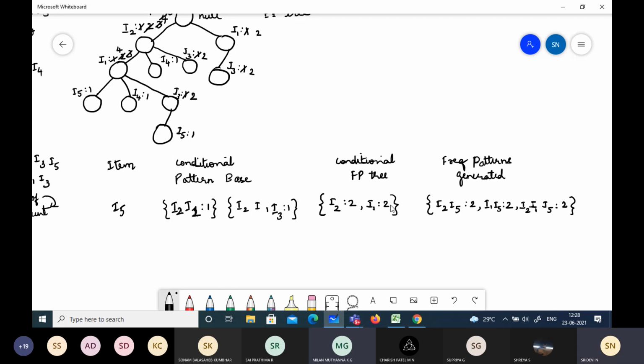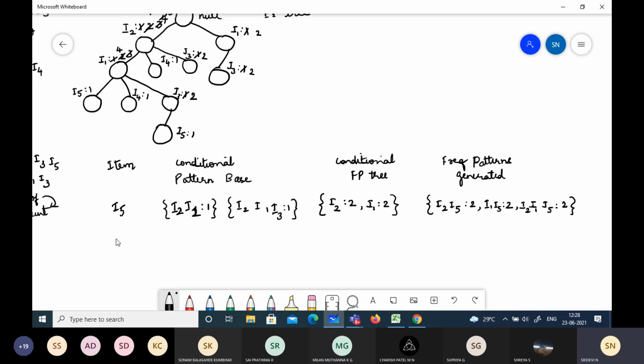Yes, because here the count of these we are taking. So I2, I1 with I5 and the count is 2 here. Here we'll take the minimum count actually. If we had 4 here, we would have taken only 2. The minimum count is what we will consider for this frequent pattern generated.